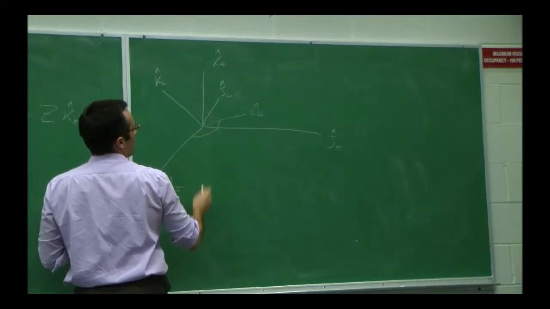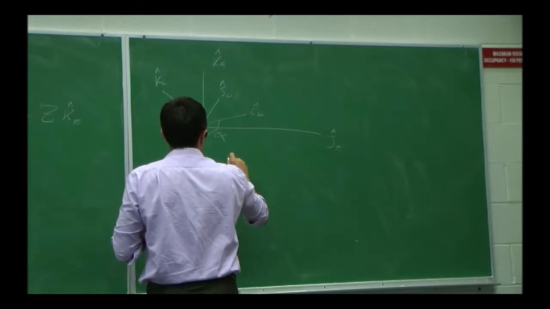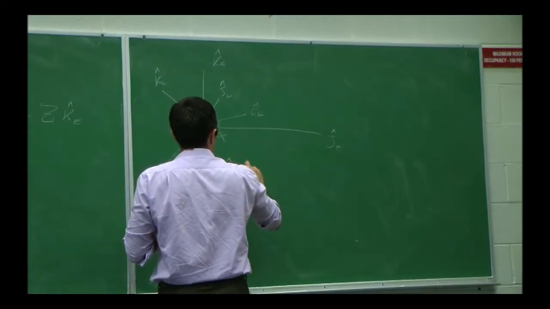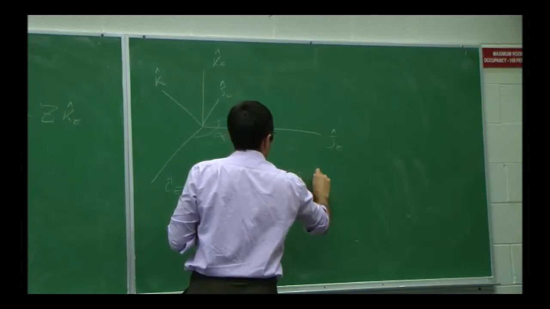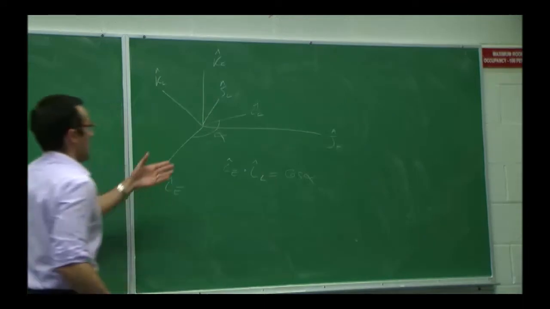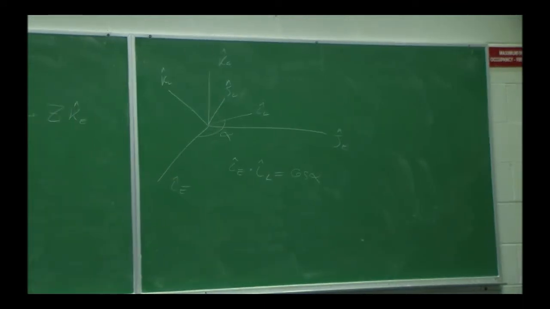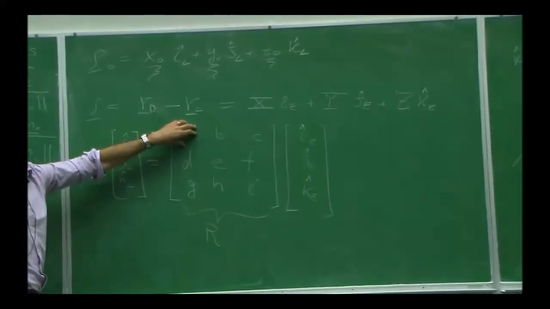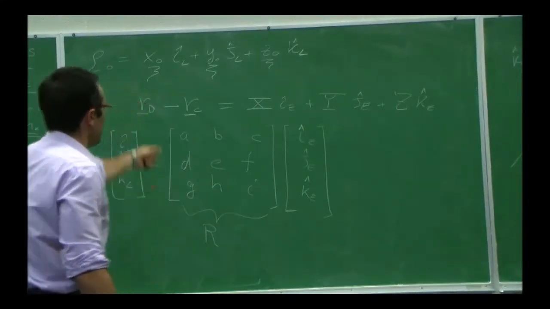You can always define an angle between the two, call it alpha. The dot product between IE and IL is the cosine of alpha, because these are unit vectors. And what is the dot product between IE and IL? Here it is. You see that? So that is the cosine of alpha.